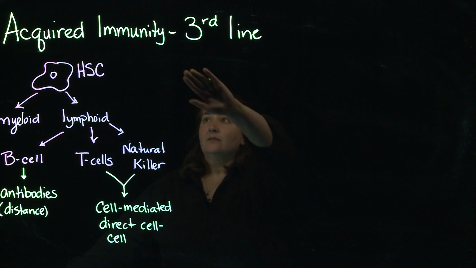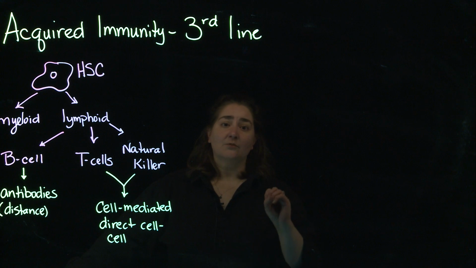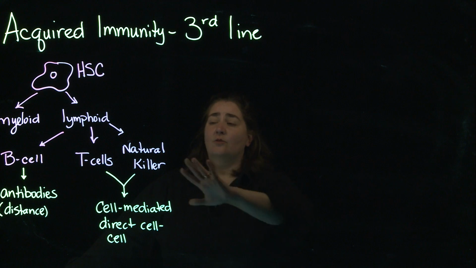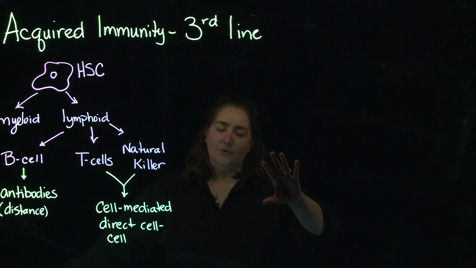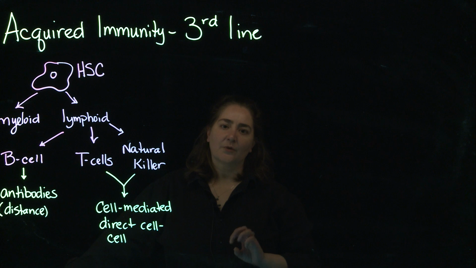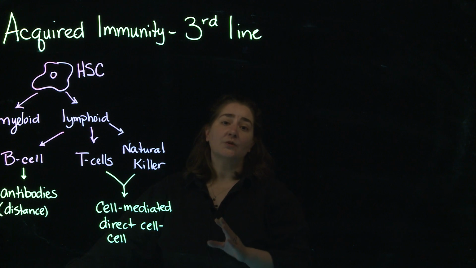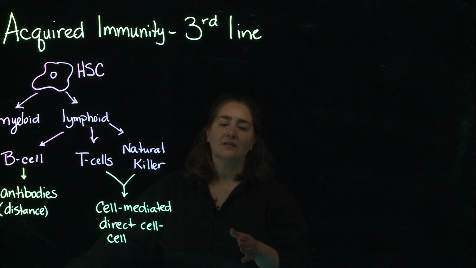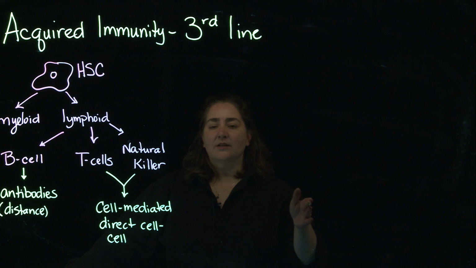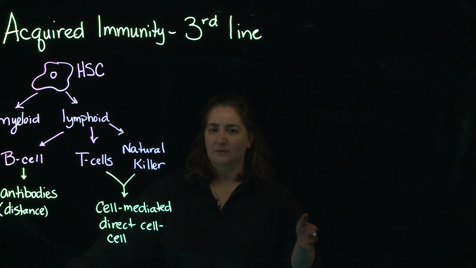All right. Acquired immunity is very specific, meaning if you're infected with the measles virus, your acquired immune system will produce the necessary components to destroy that measles virus. And then if you're exposed to it again, assuming you survived the first round with the measles virus, your immune response is going to be much faster so that you won't actually get sick even though you've been exposed to the measles virus.